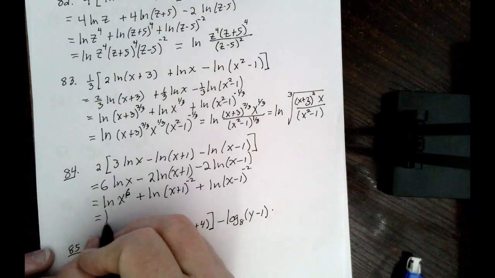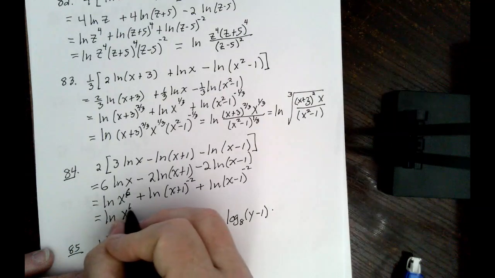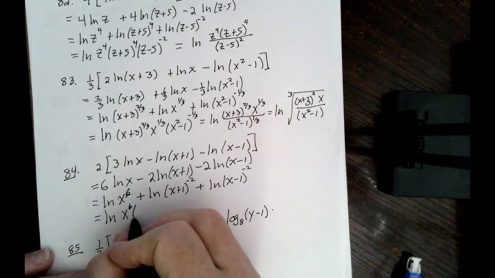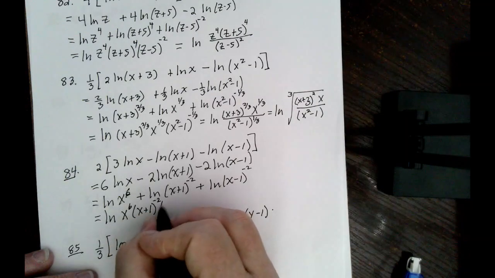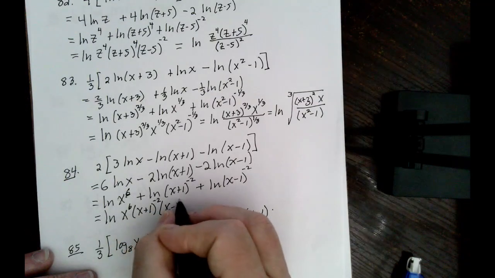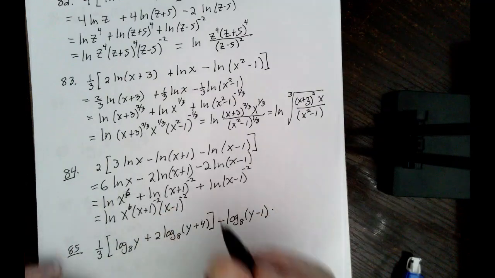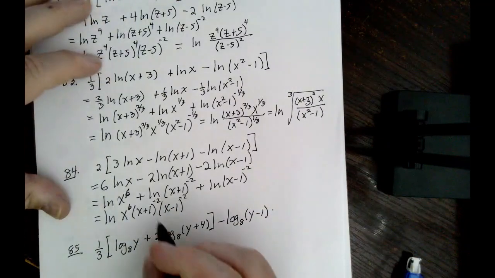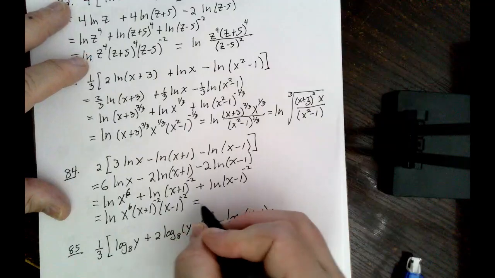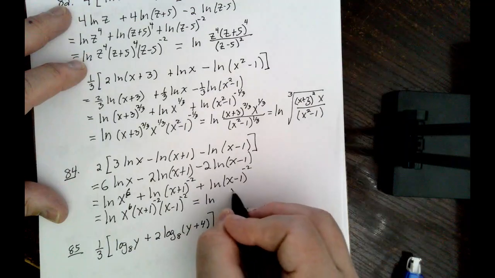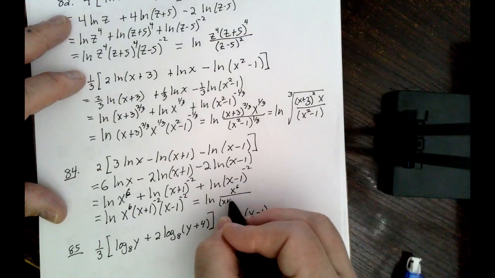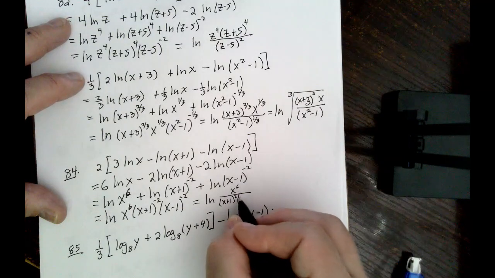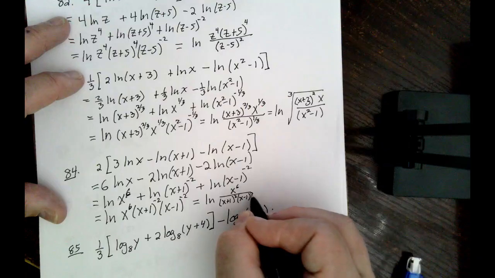Okay, and these can all be written as multiplication. Okay, and these two can cross the fraction bar, and so you get ln of x to the 6th over x plus 1 squared x minus 1 squared.